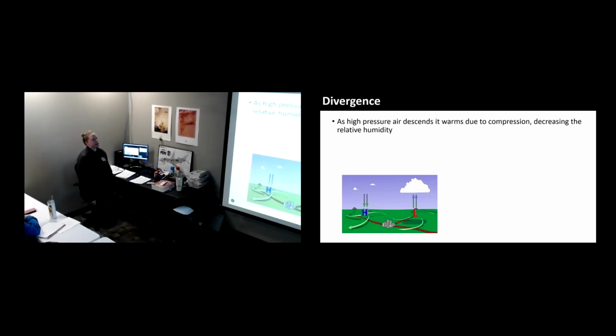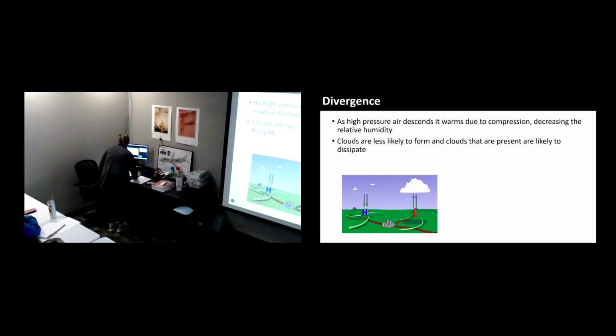As high pressure air descends, it warms due to compression, decreasing the relative humidity. Clouds are less likely to form, and clouds that are present are likely to dissipate. So the high pressure, cold, downward moving air probably won't be cloudy.